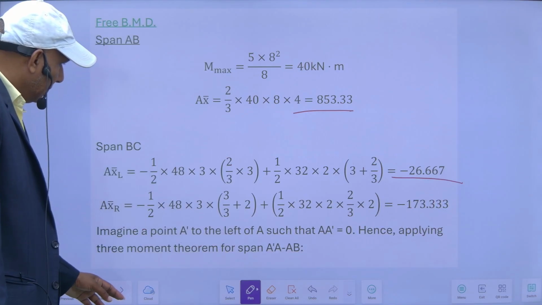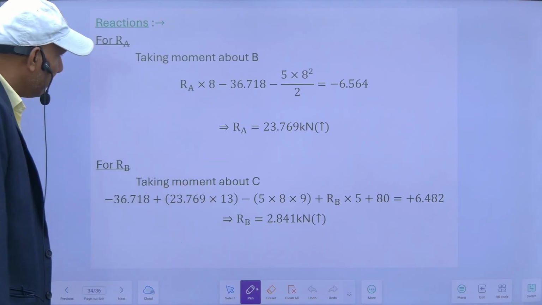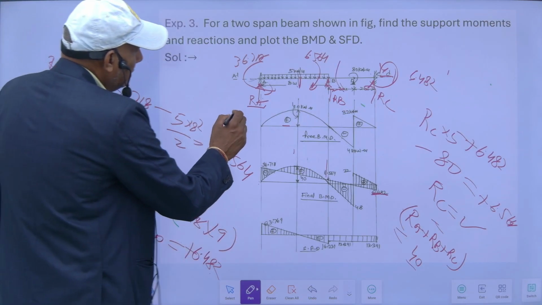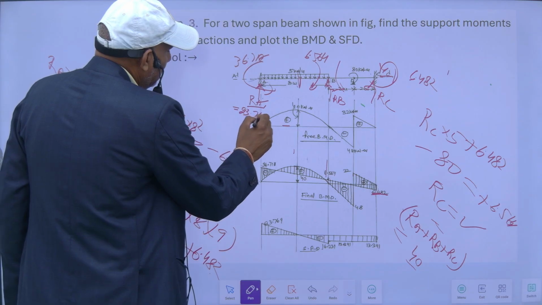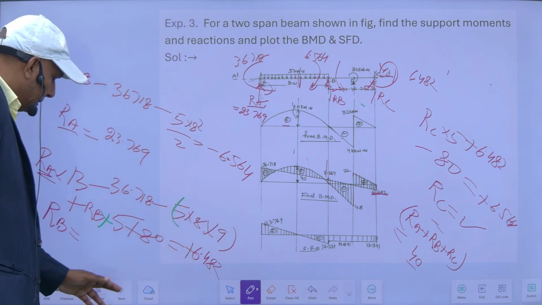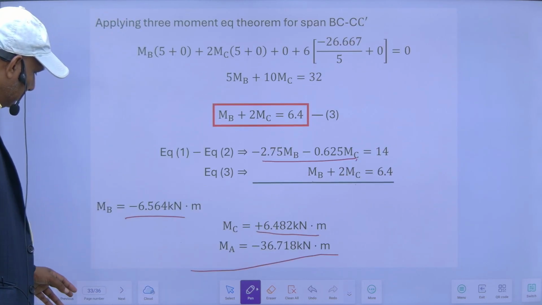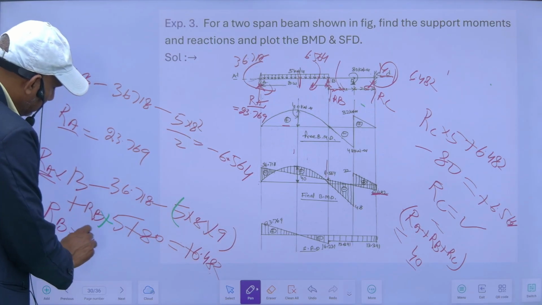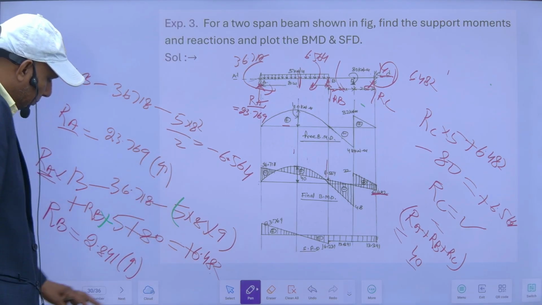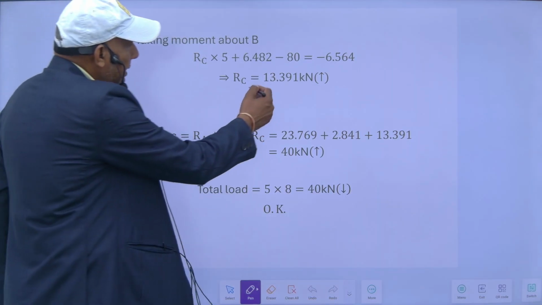So in this case RA is equal to 23.769, RB is equal to 2.841, and RC is equal to 13.391.